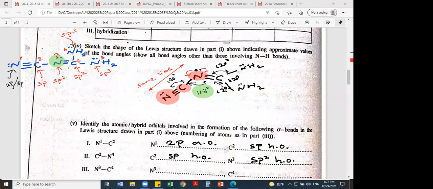No need to explain, I have already marked here, right? Okay, answer only, correct, good. Then N3, it is sp2 hybridized orbital, and C4 sp2 hybridized orbital.